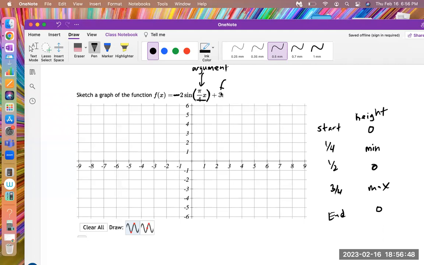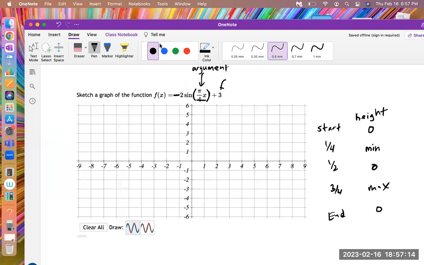This number that is going on outside of those parentheses is going to be affecting the y-axis, that means the y coordinates. So our graph is going to be lifted up 3 spaces because it's +3. We're looking at a regular sine graph, and it should be pushed up 3.